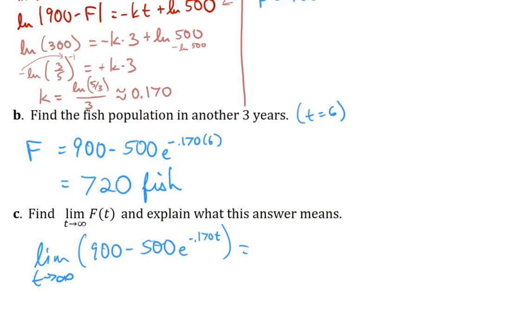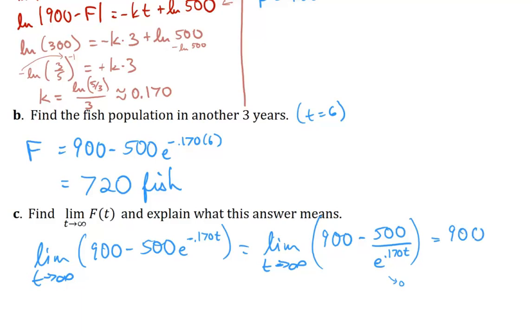Raising something to the infinity, but it's a negative here, that's the same thing as the limit as t approaches infinity of 900 minus 500 over e to the positive 0.170t. And if I plug infinity into that right here, I have 500 over infinity, which will approach 0. So 900 minus 0 equals 900.